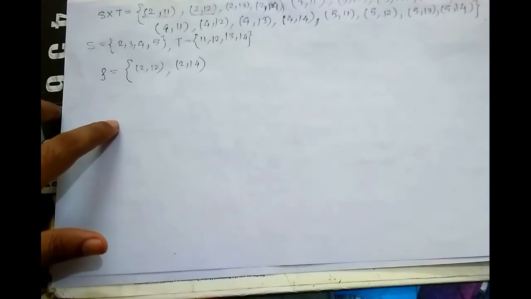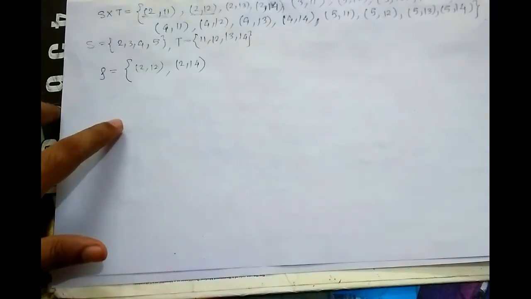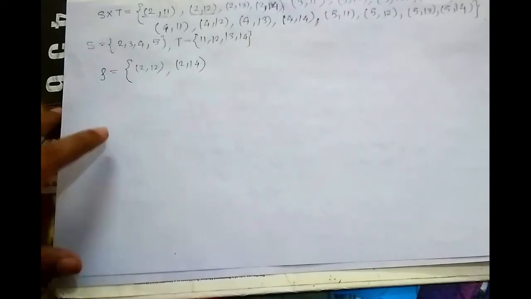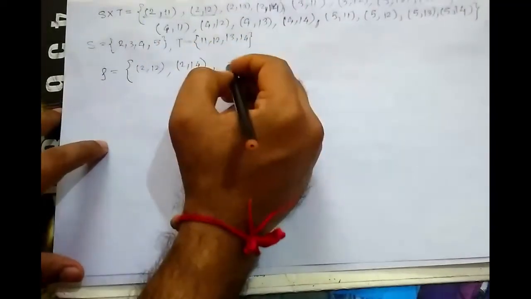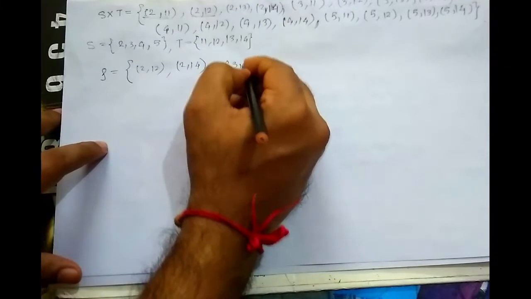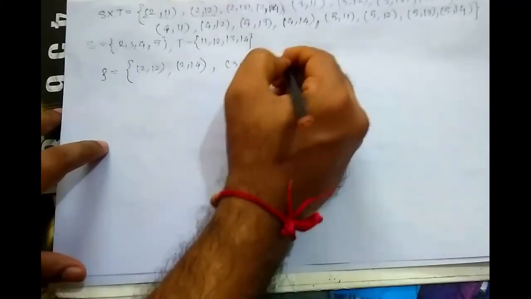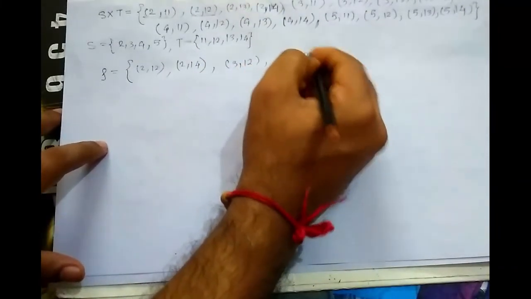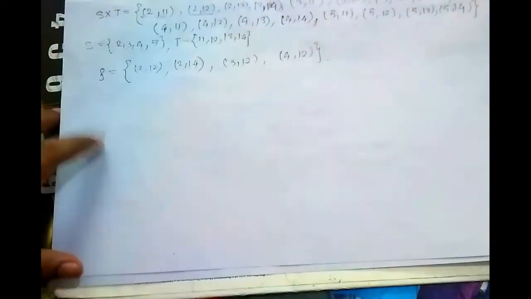Continuing this argument, we have the list of rho: (3, 12) and (4, 12).